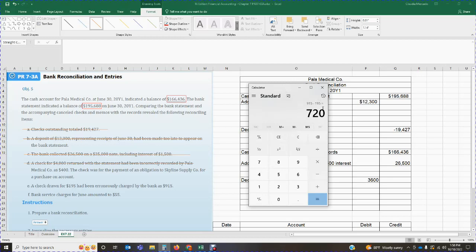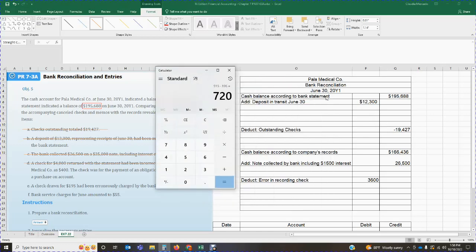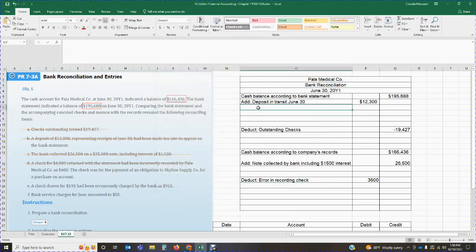I need to add $720 to my bank reconciliation section, bank error, charging check as $915 instead of $195.